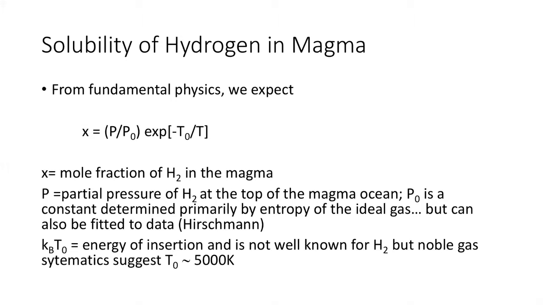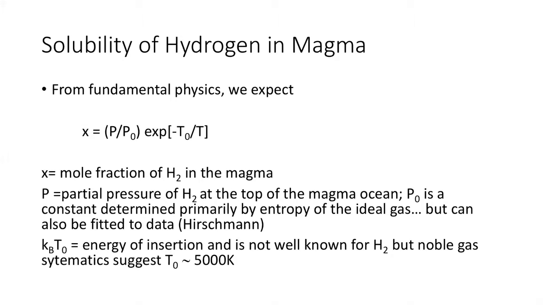And the Arrhenius behavior is physically motivated. It comes from equating Gibbs energies, and the parameter T0 in that Arrhenius behavior is just telling you about the energy of insertion. That is, if I take a hydrogen molecule, stuff it into the magma, it has to push the ions away, and that's work that has to be done.